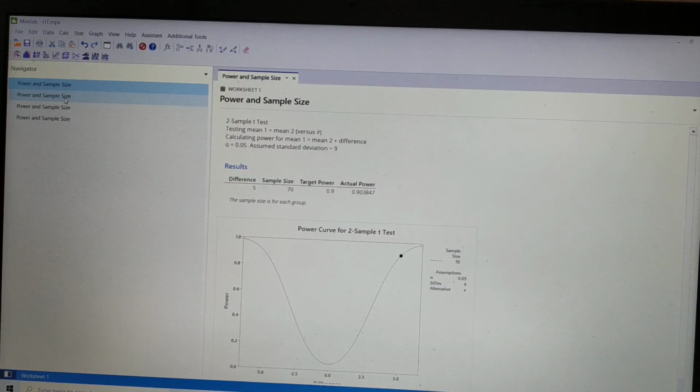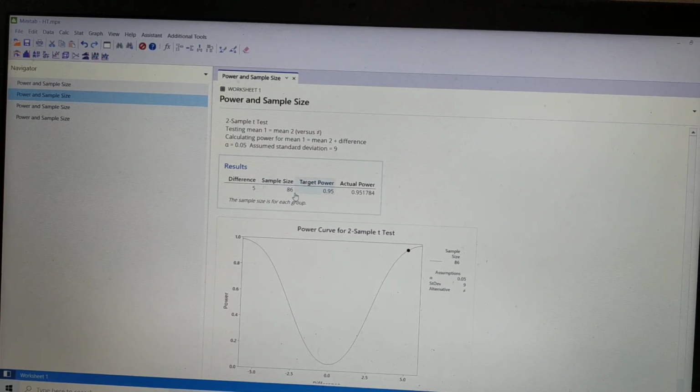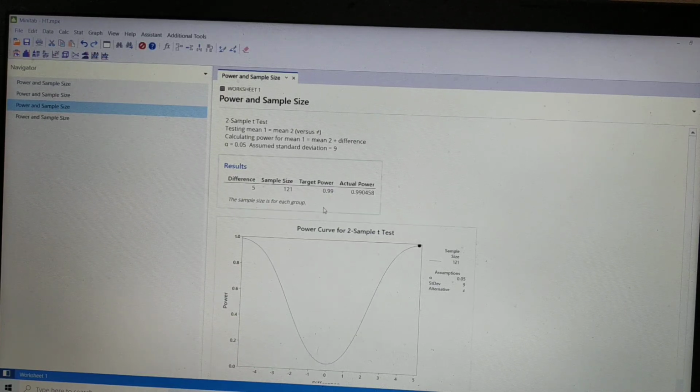So now we'll increase this power from 90 to 95 and then see what will be the sample size. So it changes from 70 to 86. We'll further increase the power of the test from 95 to 99, and the sample size increases to 121.